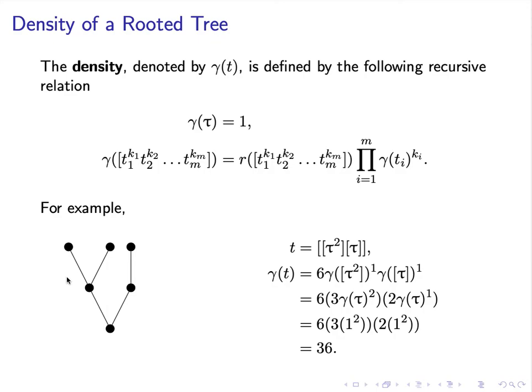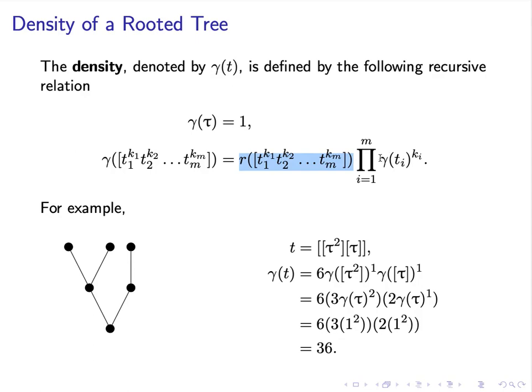Okay, and we're going to be looking at the density of a rooted tree. Density is denoted by gamma t, and again we have a recursive relation, so the density of a tree with a single node is 1, and the density of a rooted tree is the order of the rooted tree multiplied by this product.